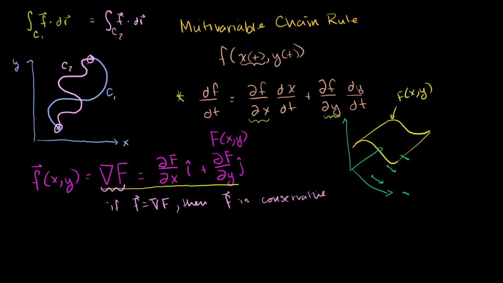Or you could say it doesn't matter what path we follow when we take a line integral over f. It just matters about our starting point and our ending point. Now let me see if I can prove that to you.